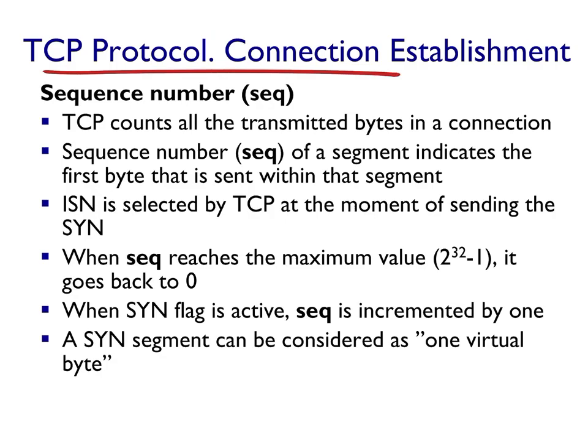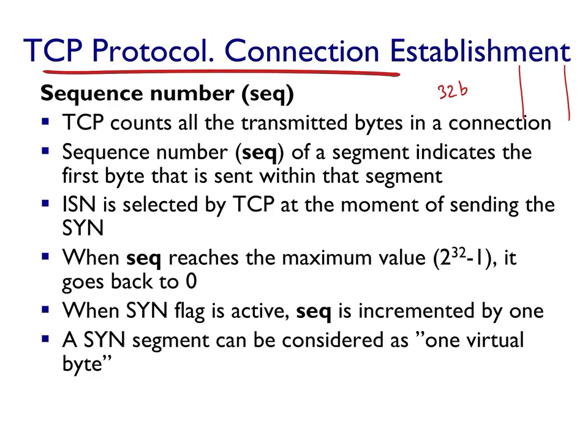Going back to the sequence number identification. It's a field of 32 bits in the TCP header and counts all the transmitted bytes in a connection. So there is no incremental procedure in terms of number of segments.